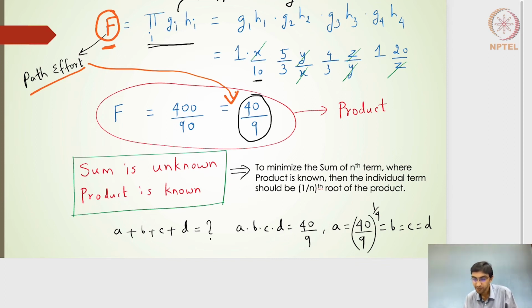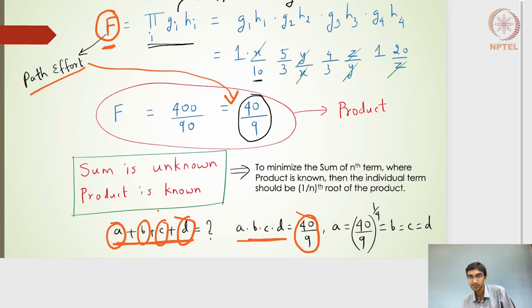So if I have A plus B plus C plus D, this particular value I don't know, but if the product of A, B, C, D, I can find out is 40 by 9 in this particular case, what should be that minimum A value, what should be that minimum B value, what should be that minimum C value, and what should be that minimum D value is the question.